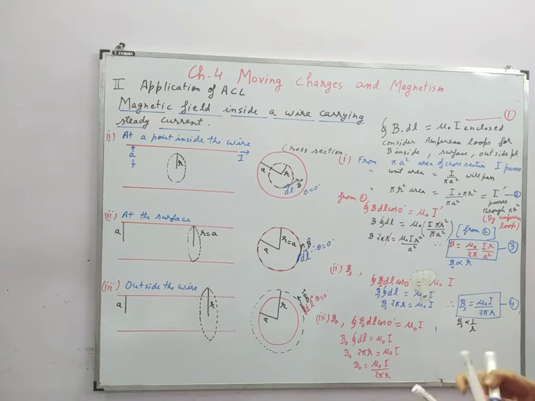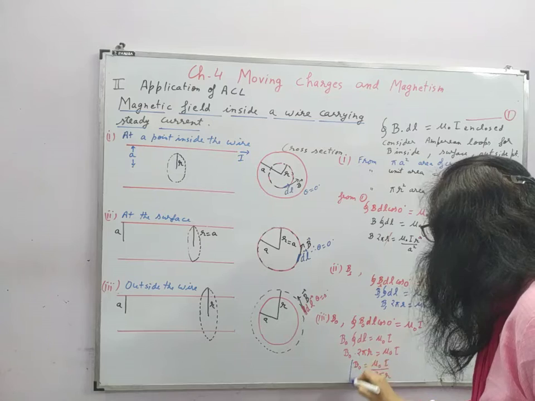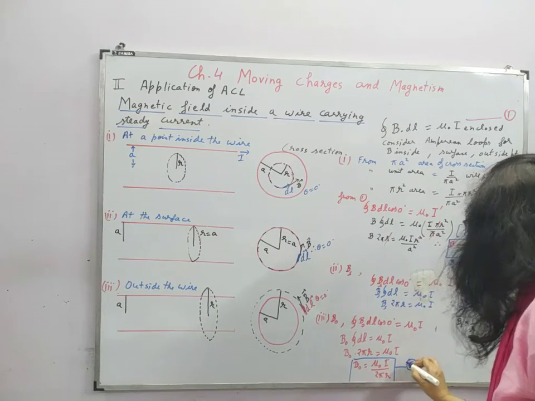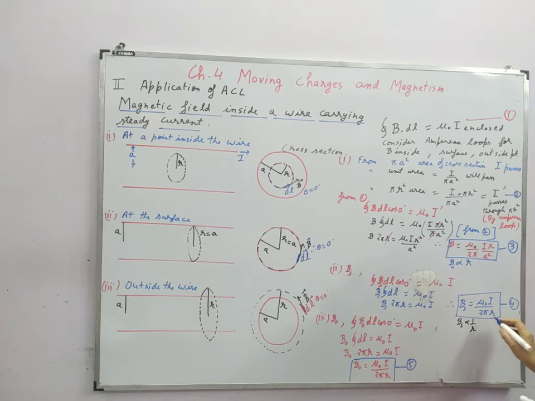This is our third important formula for the magnetic field outside the wire. This can also be written with A, because this is at the surface. So this can also be written as mu naught I upon 2 pi A. This is fixed at the surface. So here this is inversely proportional to the surface radius also, you can write.